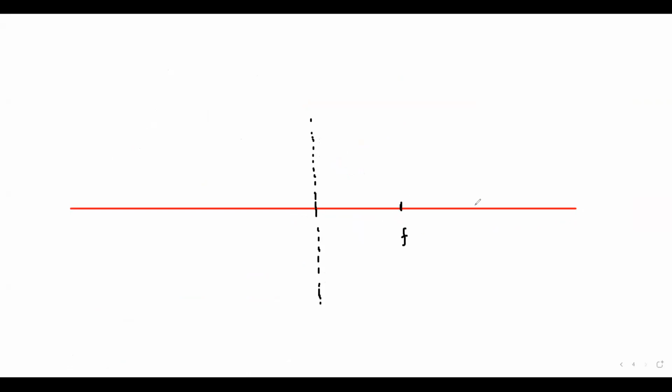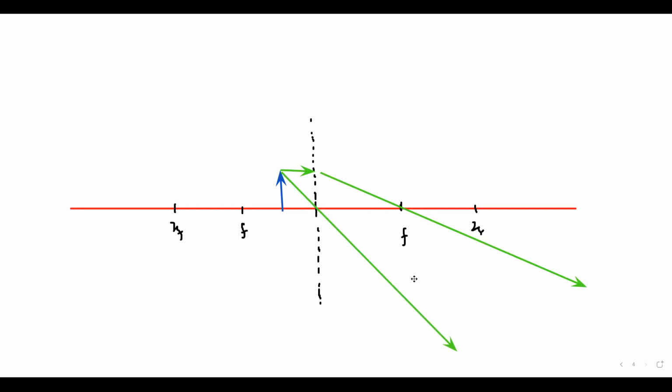Focus is there, 2F is there, and F is there, and 2F. This is the object. Now the parallel light ray will pass through the focus. The one through the center of the lens will pass straight. So these two light rays will never intersect because the distance between them is increasing. So they will never intersect.